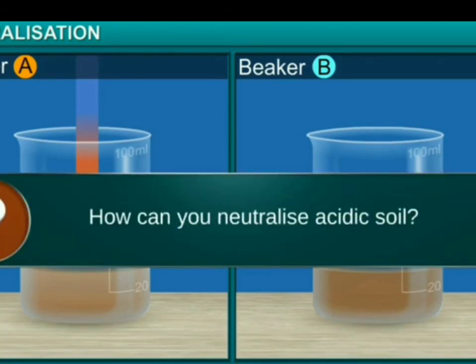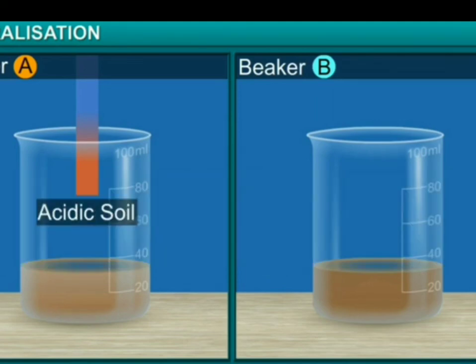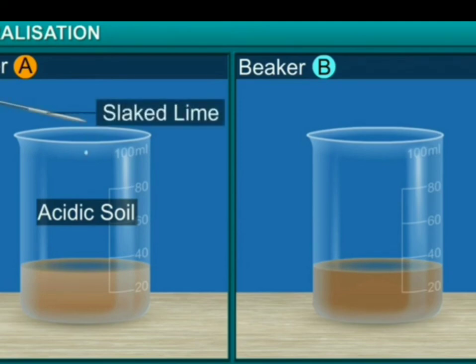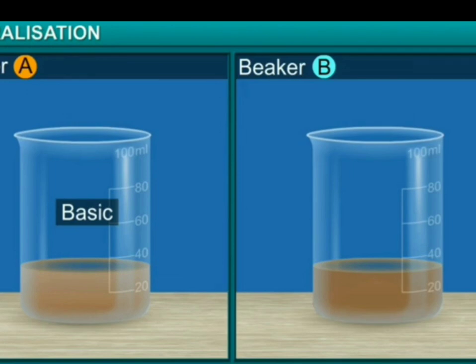And how can you neutralize acidic soil? By applying quicklime, that is calcium hydroxide. So it is called slaked lime. I will tell you what is slaked lime and quicklime. And it becomes neutral.